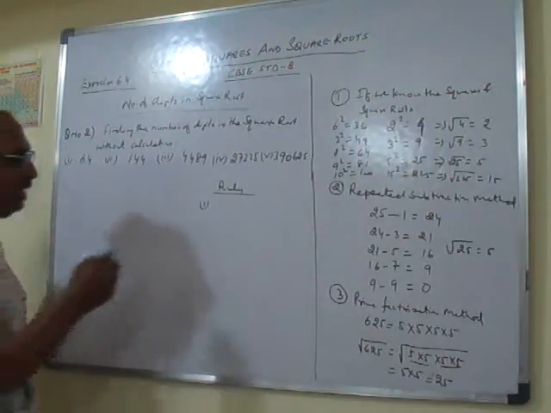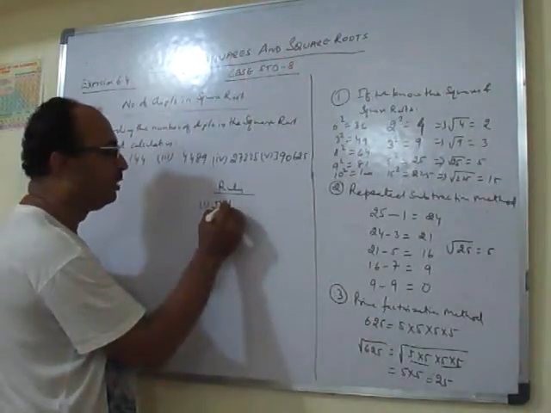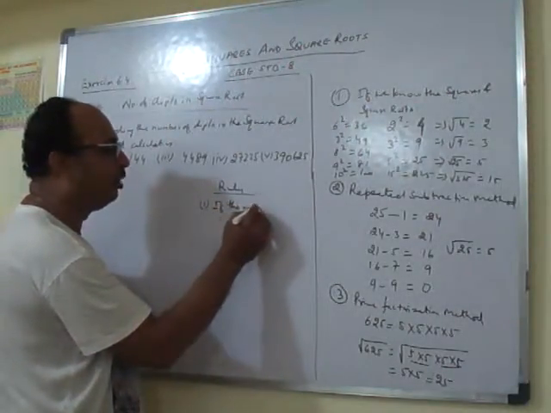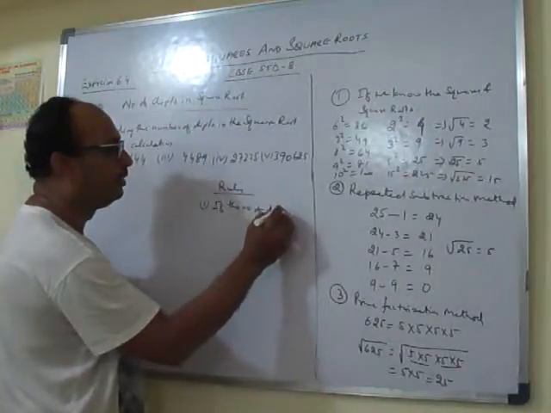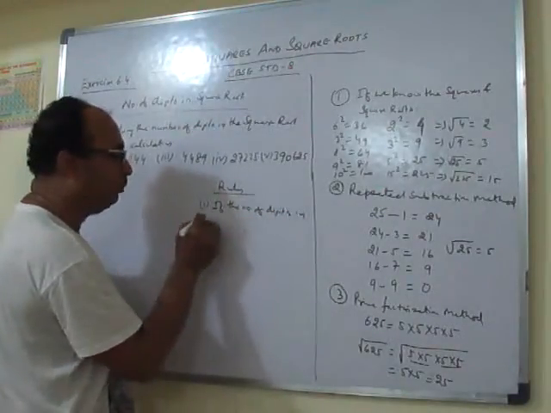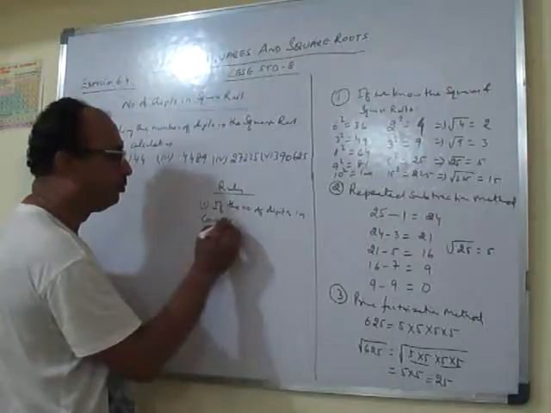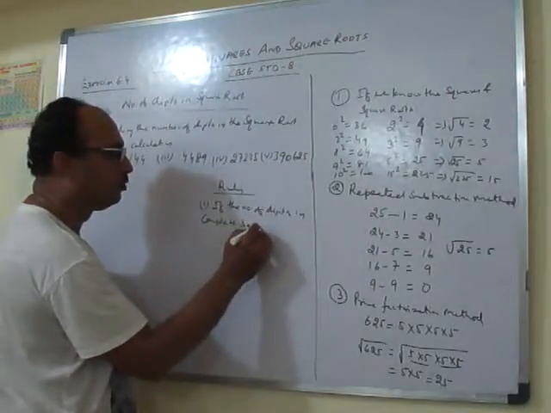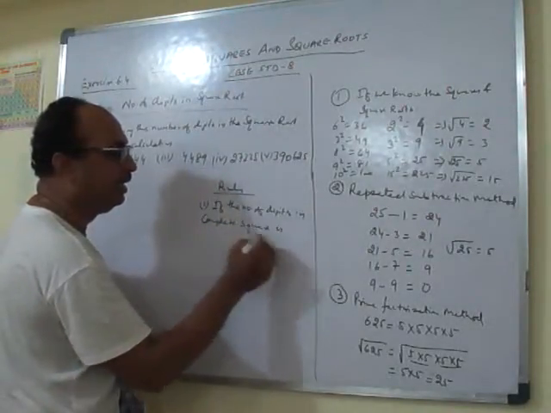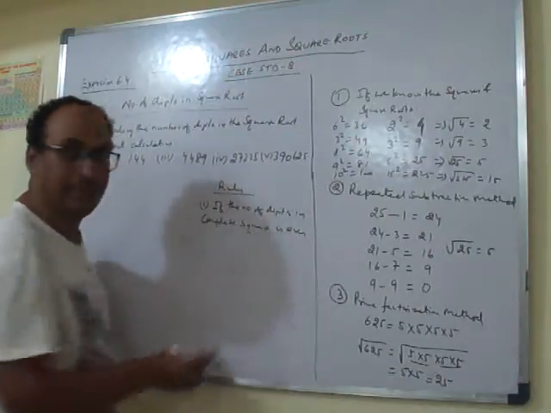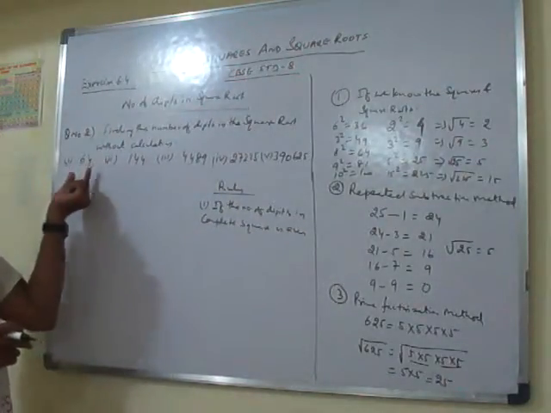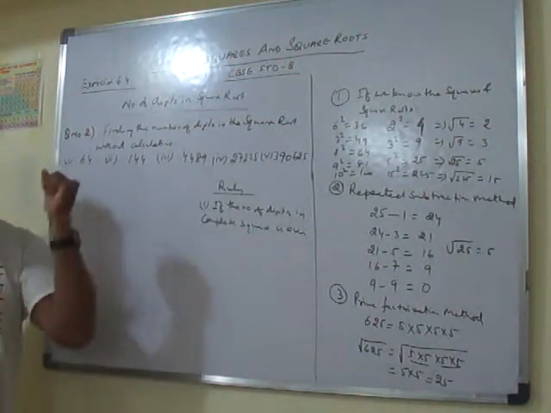So what is it? If the number of digits in a complete square is even, 2, 4, 6, suppose the number of digits is n.